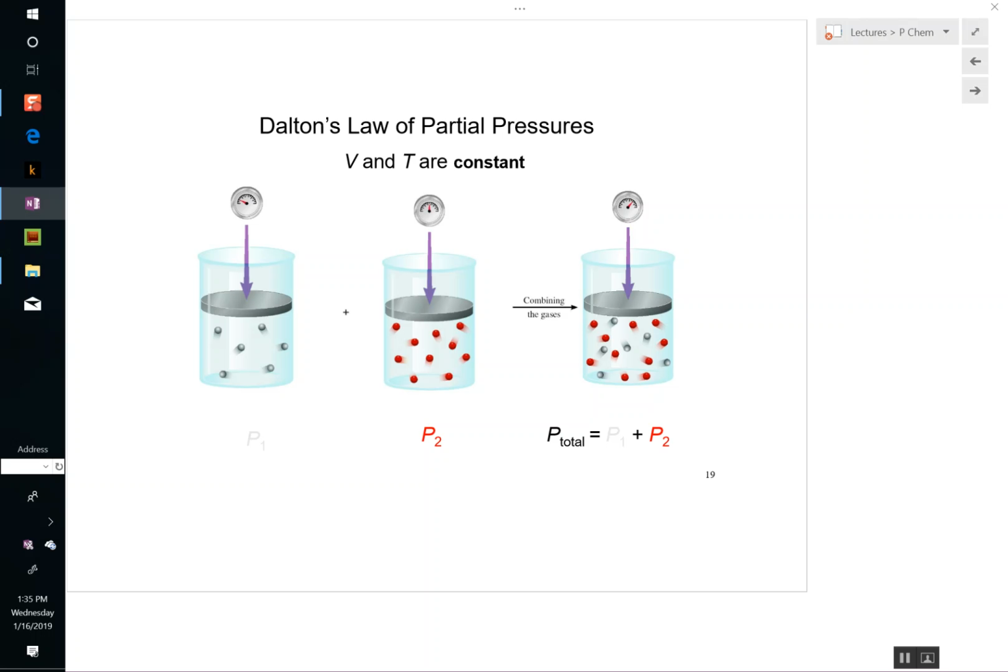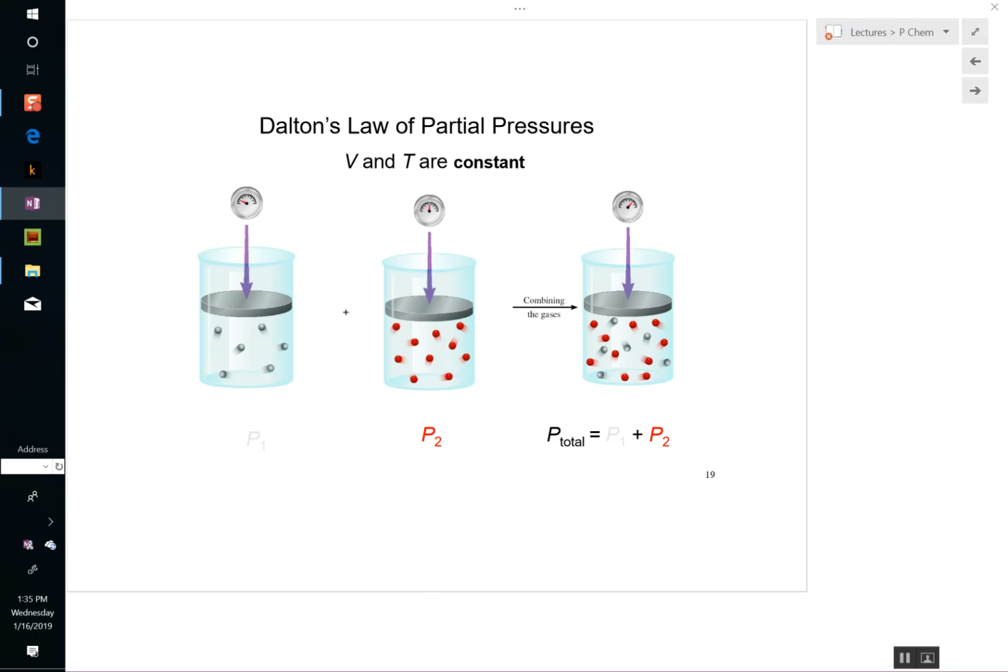We either have atoms or molecules, but individual independent entities. They are bouncing around inside the volume. The pressure is a result of them colliding with the sides of the container. So this gas generates a certain pressure, P1.